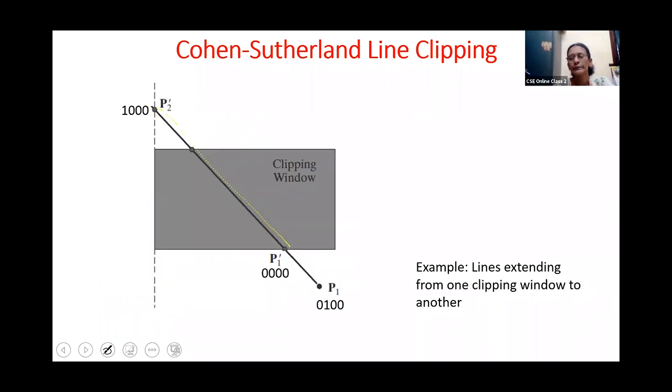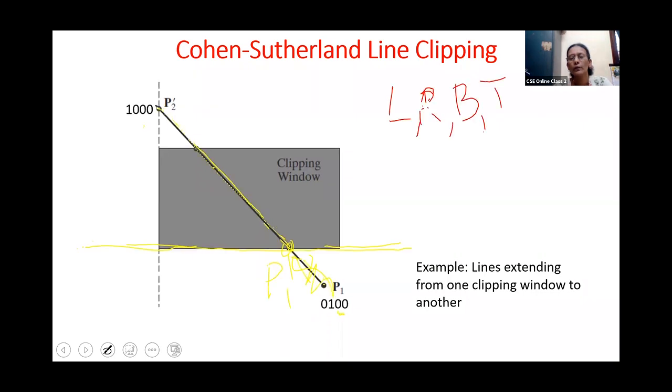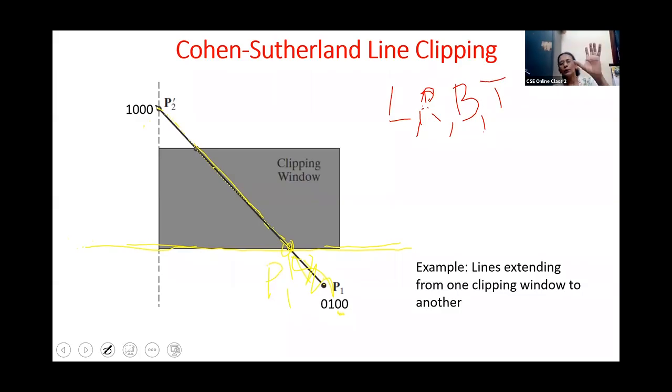Is this clear? Now, what is the code for P1 dash? Yes, it is all zeros. In the clipping we consider the left boundary, right boundary, bottom boundary, and the top boundary.